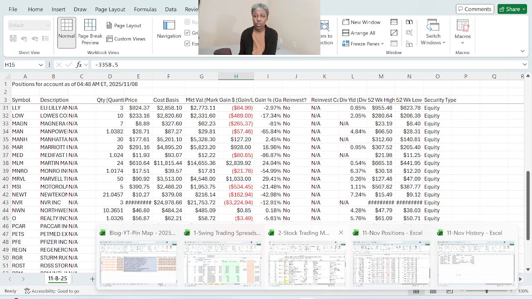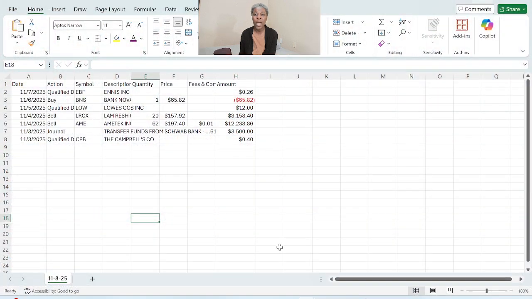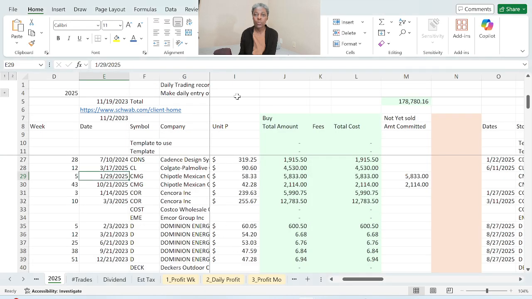So, and then you open your account history, which will have your transactions, and you can just look at them and use them to complete your spreadsheet.